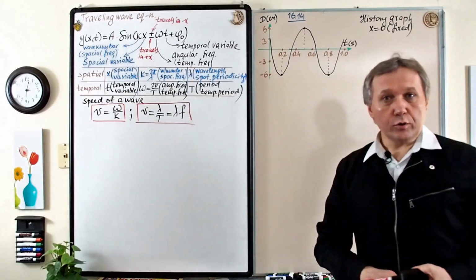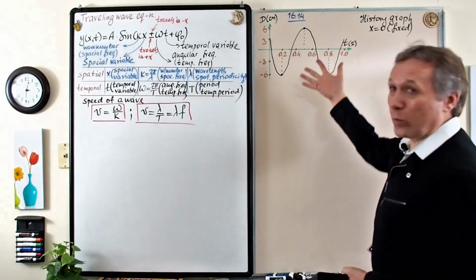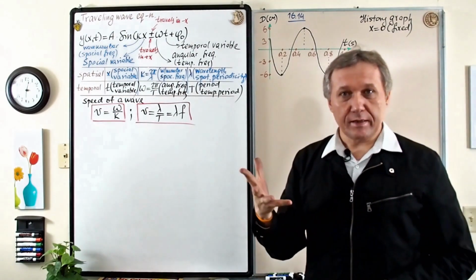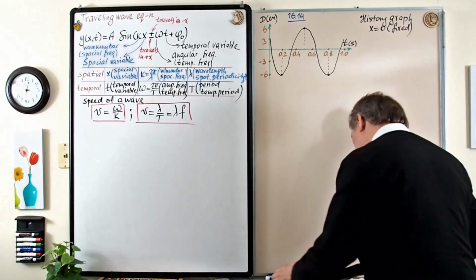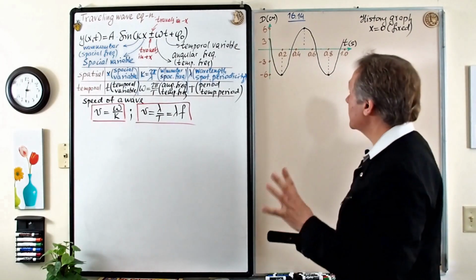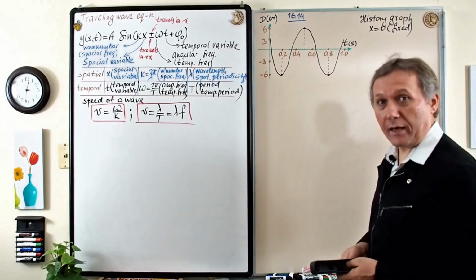And we also know that this wave travels with a speed of 2 meters per second, and the problem says traveling left. Basically, it means it travels in the negative x direction.